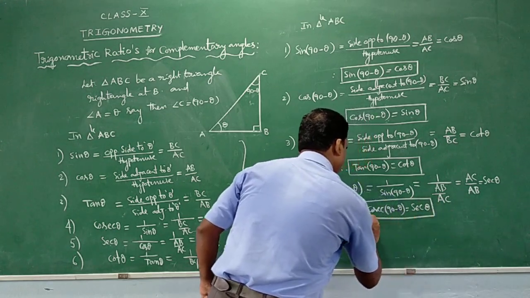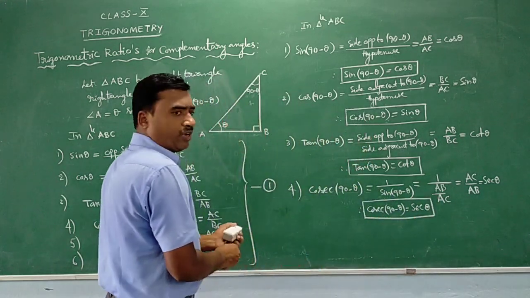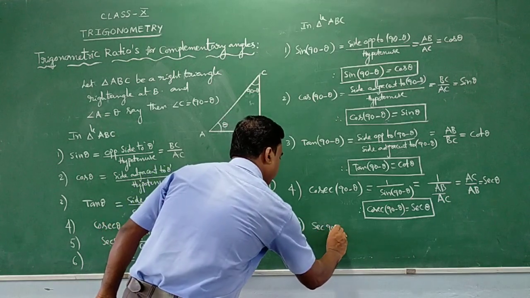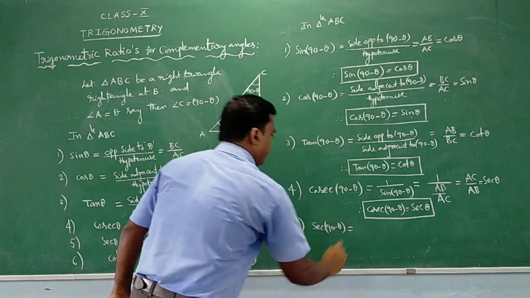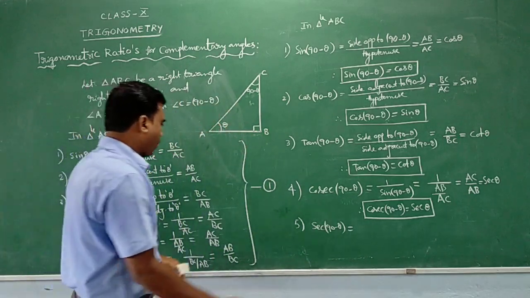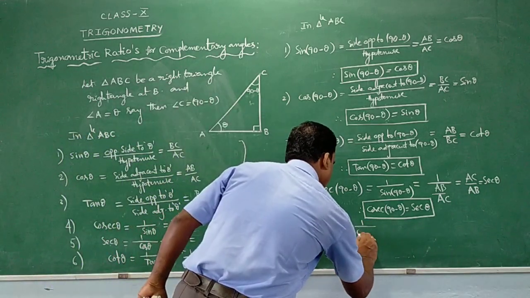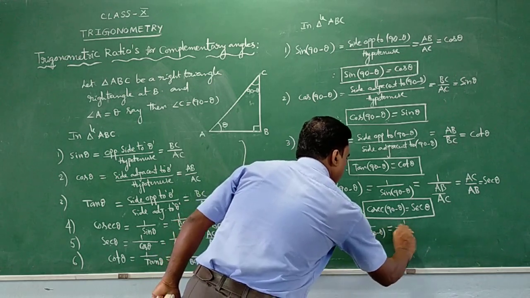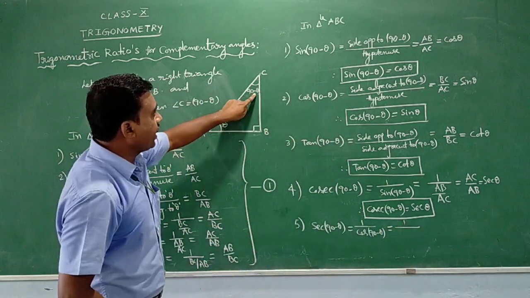This is another one. Now the next one is secant(90 minus theta). Secant(90 minus theta) is equal to 1 by cos(90 minus theta).